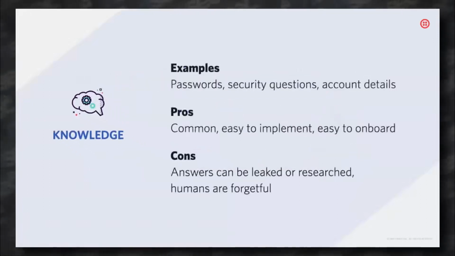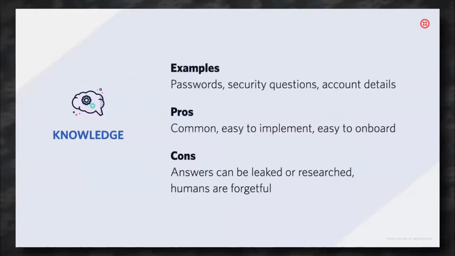So let's start with looking at some of the knowledge factors, or things that you would know. And these could be passwords, security questions, or specific account information. And these could be things like recent transactions or hopefully other secret details about the account. Knowledge factors are great because they're easy to use and to set up, and they can't exactly be lost. The reason security questions became so popular as a recovery mechanism is because things like your mother's maiden name or the name of your first pet, those aren't things that are going to change, and you'll likely remember those details.